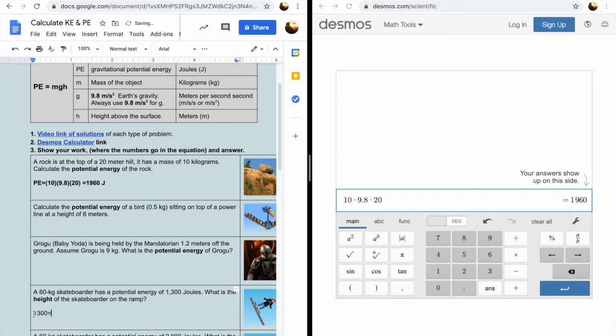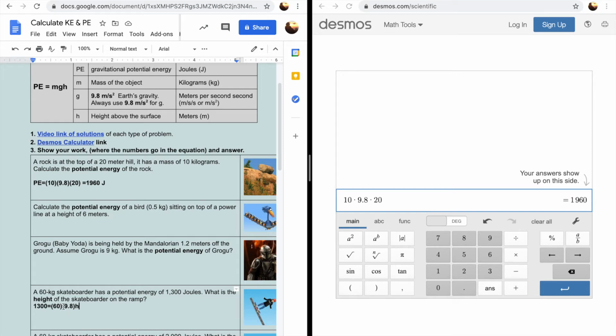Equals, let's just do this. 1,300 equals, okay, the mass, it's a 60 kilogram skateboarder, so 60 times gravity, which is always 9.8 near the surface of the Earth, and then solving for height. Well, if you look at it that way, hey, you've done algebra. It's not too bad.